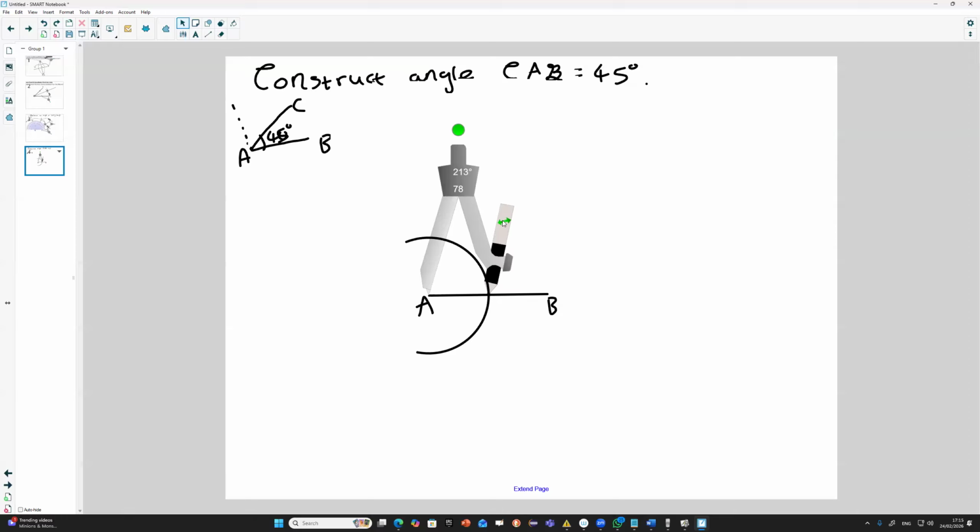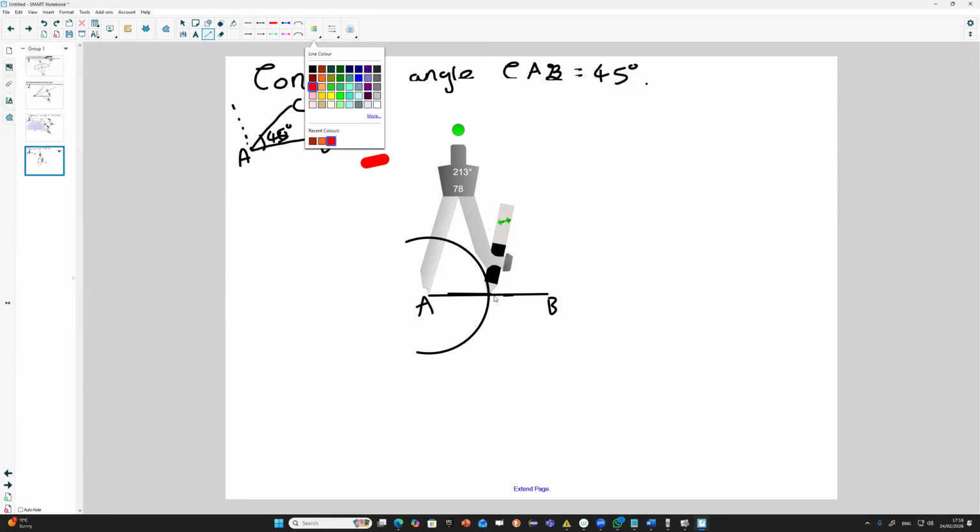And then if I leave it at that same level, I'm going to extend the line that I've drawn. So the line AB, I'm just going to extend it over to the left. Let me change color.